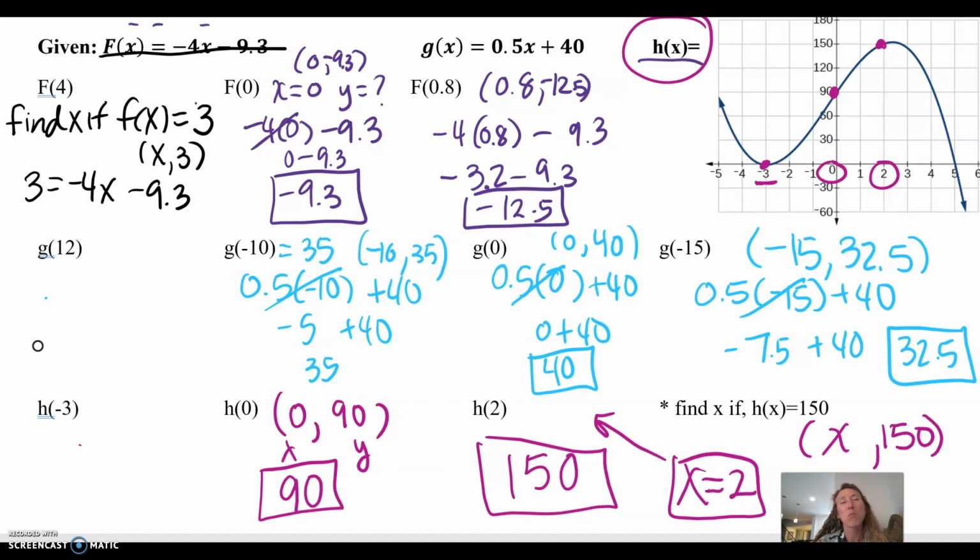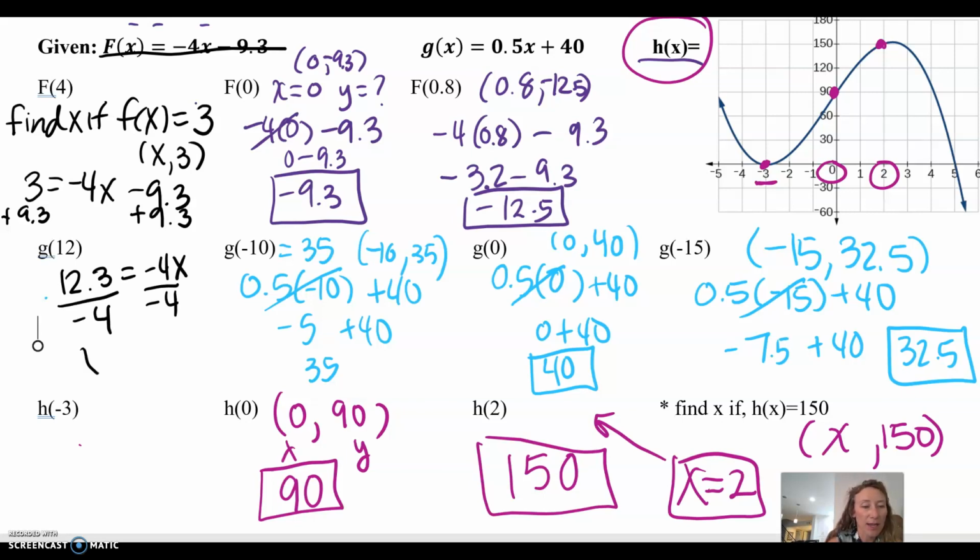And now I'm going to go backwards and solve for x. So I add 9.3, and I get 12.3 equals negative 4x. Dividing by negative 4, I get x equals, let's check that with my calculator, 12.3 divided by 4.